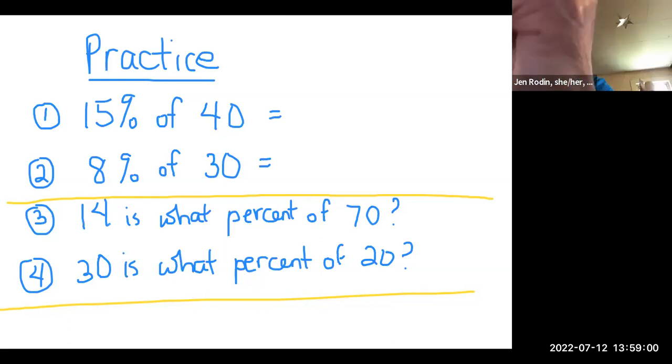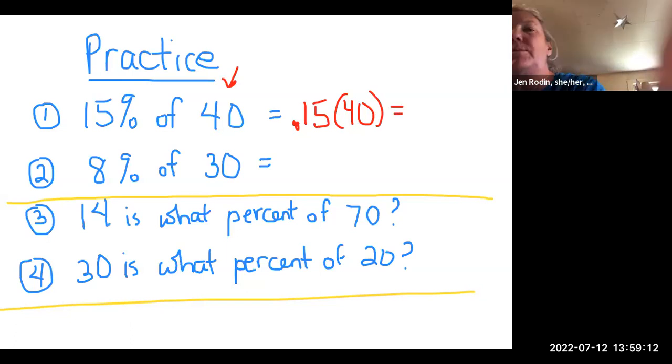So like I said, I think these are the easiest when you know the percent and you know the total or the whole. So we change the percent to a decimal and multiply. And like I was saying before, it's really good to make yourself stop a second and guess.